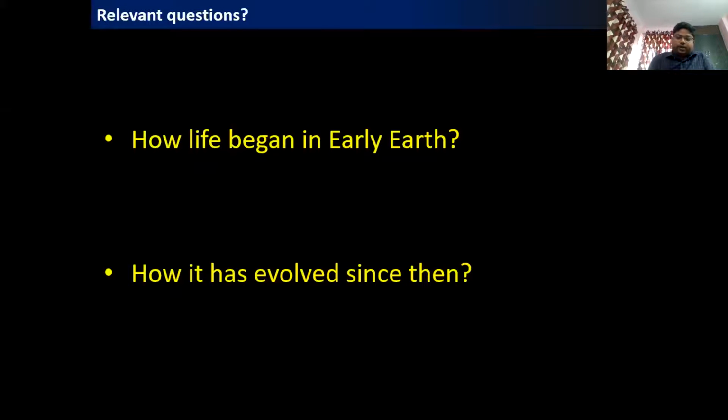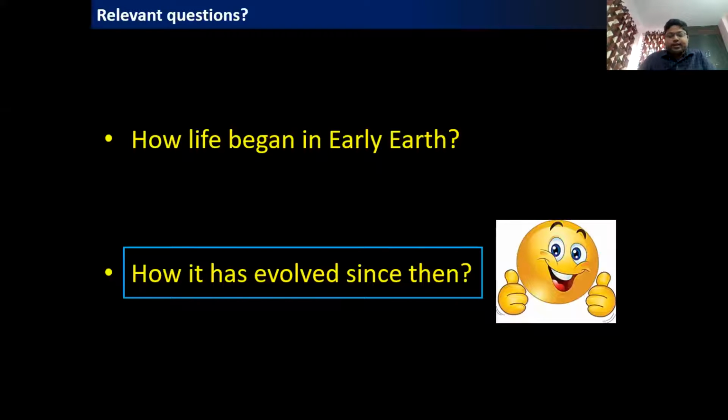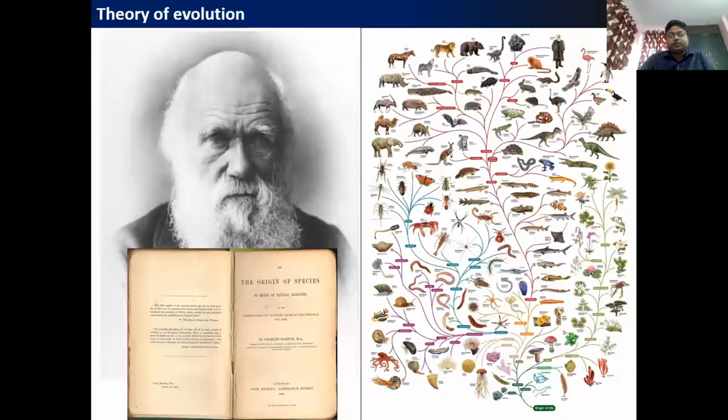Thanks to our previous scientists, we now more or less have a hypothesis or theory for how it has evolved since then, and this is because of Charles Darwin and his famous book, The Origin of Species, which tells that all the animal beings on this planet Earth have evolved from a common ancestor.